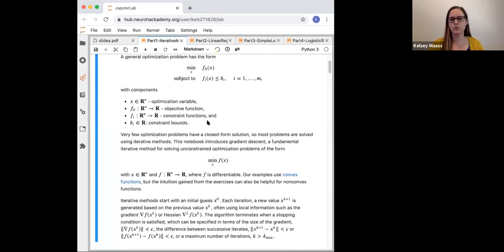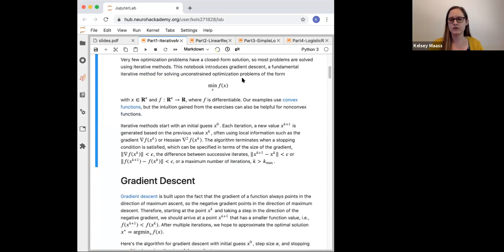So in this notebook, we're going to look at iterative methods for unconstrained problems. So here we just have to worry about minimizing an objective. We're going to be looking at convex functions, but a lot of the intuition that we get from these exercises is also useful for non-convex problems.